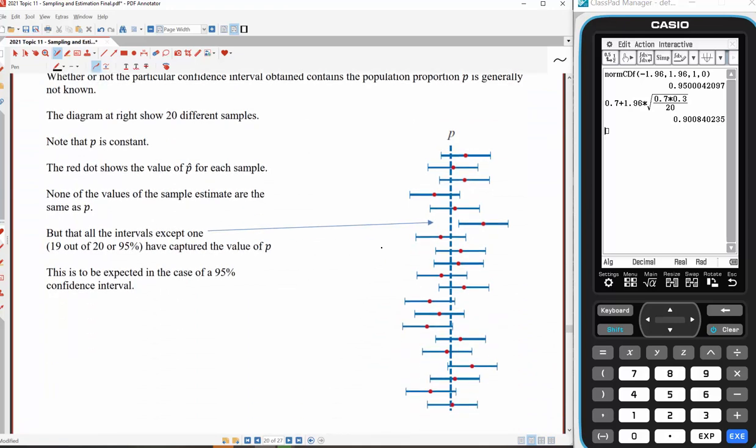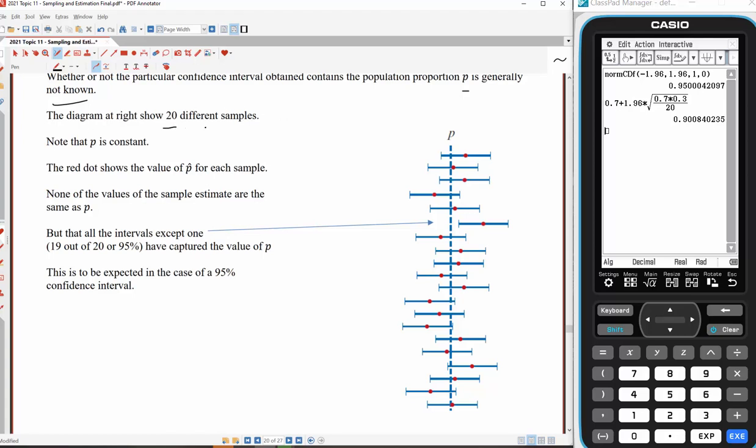Now that's hard to get your head around, so this diagram actually is the thing that explains it best to me. So whether or not the particular confidence interval obtained contains the population proportion, we generally don't know, because we don't know what the population proportion is, nor will we ever really know. All we can be confident in, or with 95% confidence, is that we have captured it.